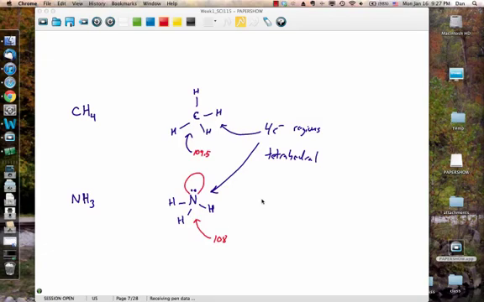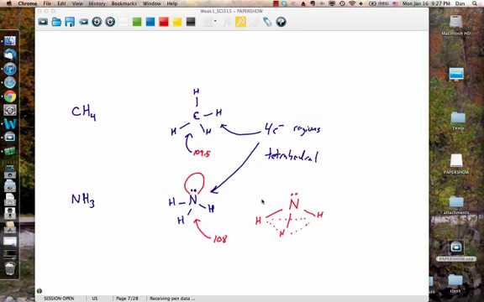space. This is a structure that is described as a pyramidal structure, because if you actually look at the nitrogen, the hydrogens form a little pyramid-like structure.